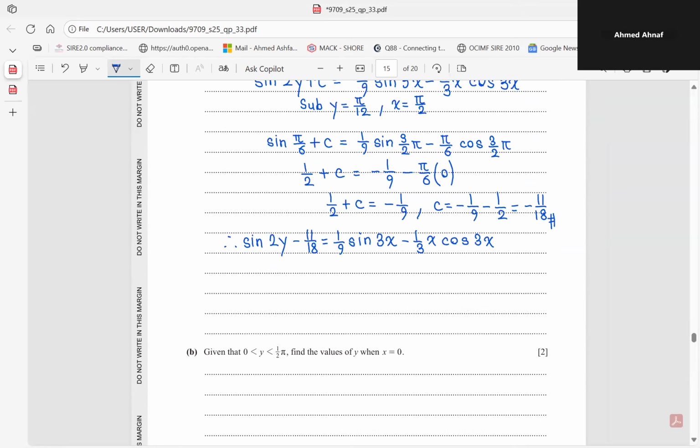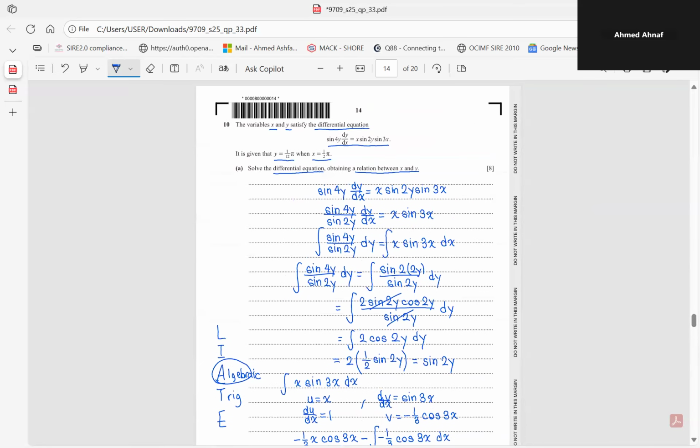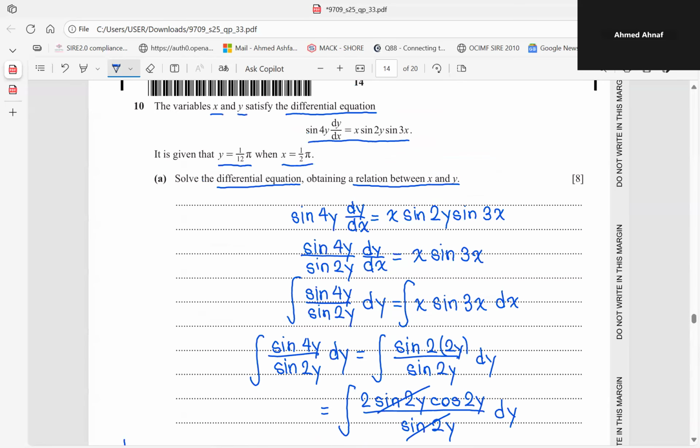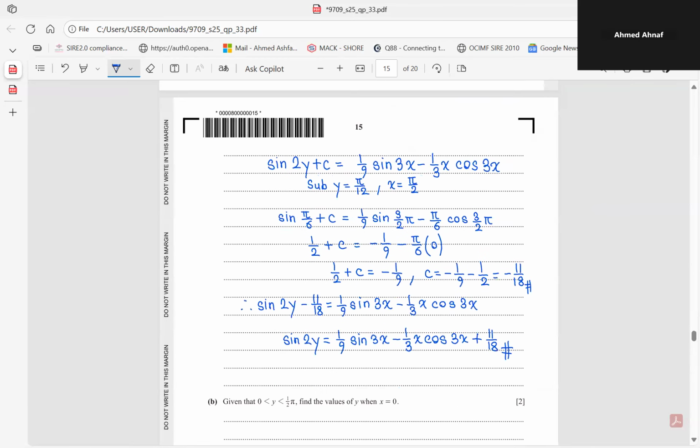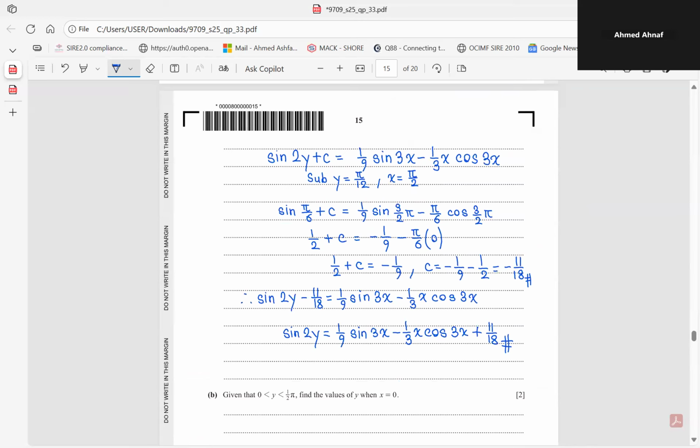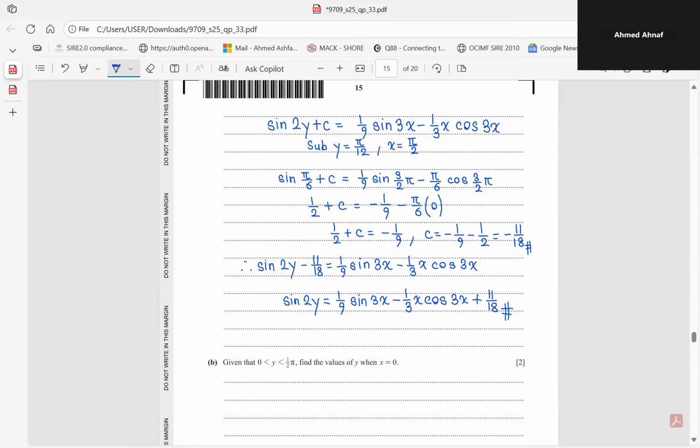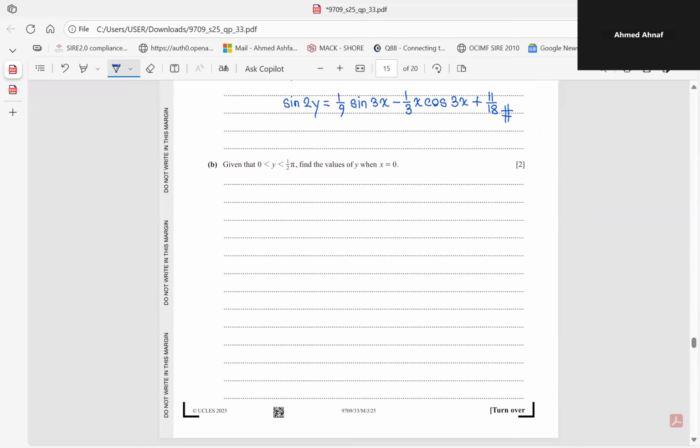We can add 11 over 18 on both sides, so you'll get sine 2y equals 1 over 9 sine 3x minus 1/3 x cosine 3x plus 11 over 18. So this is our final answer for this part. As the question says, we just have to obtain a relation between x and y. So with that, let's head on to the final part.